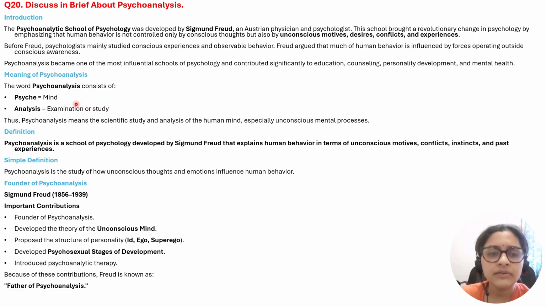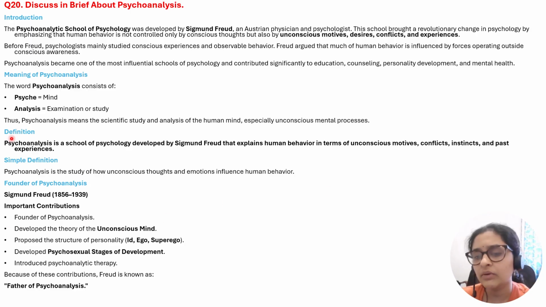Okay. So what is the word psychoanalysis? Psych means mind and analysis means examination or study. Psychoanalysis is a scientific study and analysis of the human mind, especially the unconscious mental processes. That means those thoughts, those ideas which are always going in the background. Okay, it is a school of psychology that explains human behavior in terms of unconscious motives, something that we do without our notice, conflicts, instincts, and past experiences.